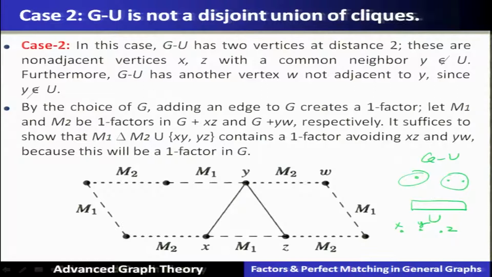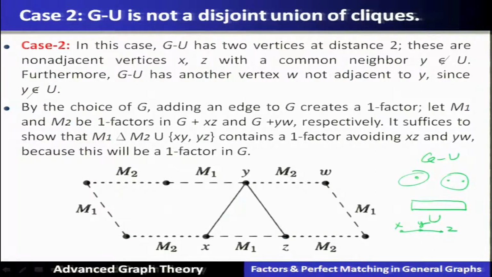So, if it is not in u, then it must be in some component. So, x and z are not having a direct edge, and they are connected through a common neighbor y, and this y is not in u.